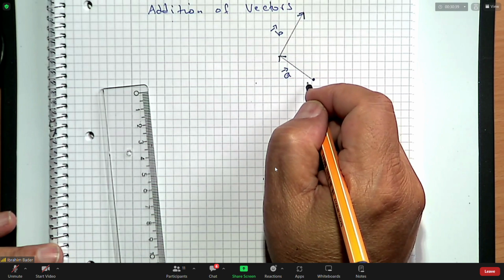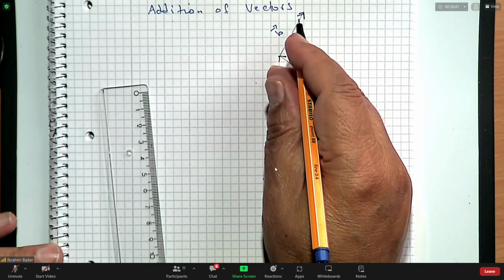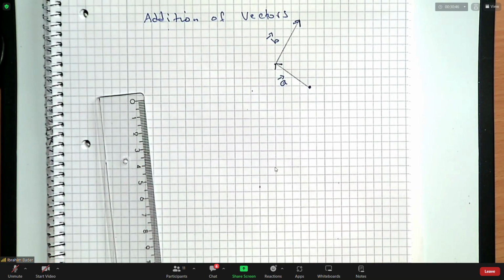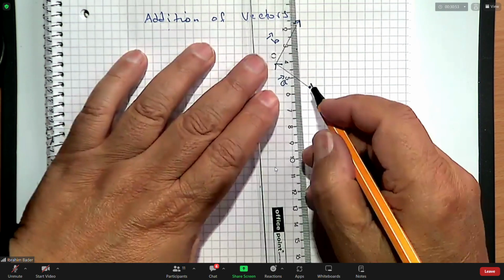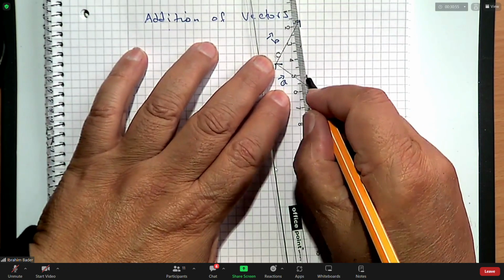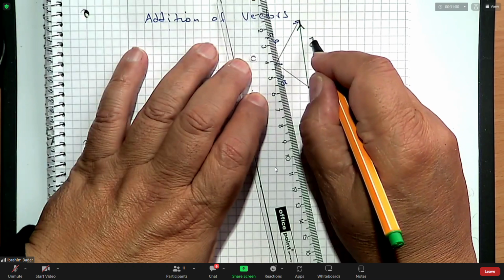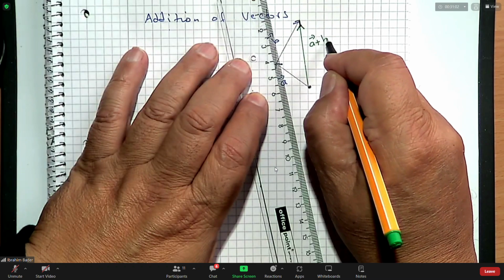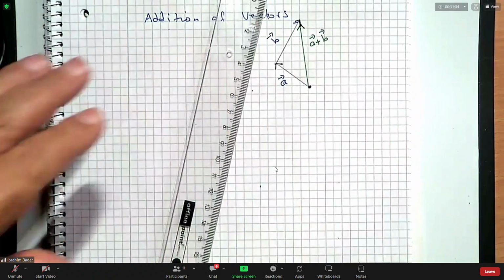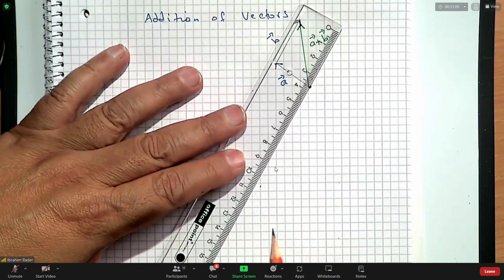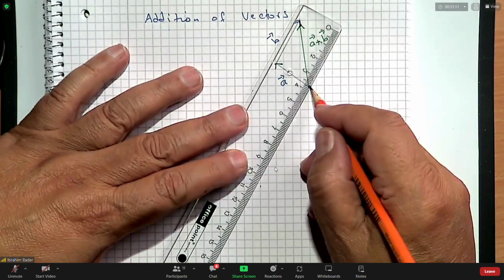So as you see here, we have all pointing in the same direction. Then this shortcut here, I'll draw in a different color. This is the vector A plus vector B.